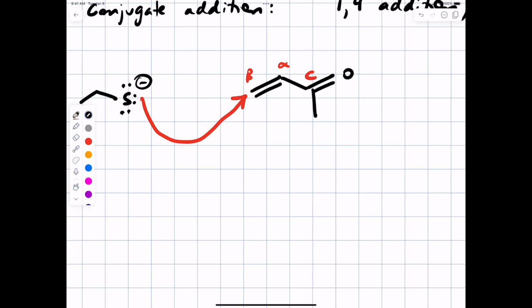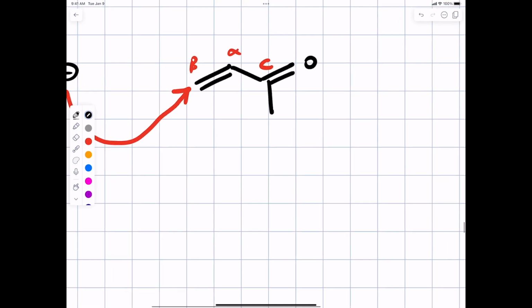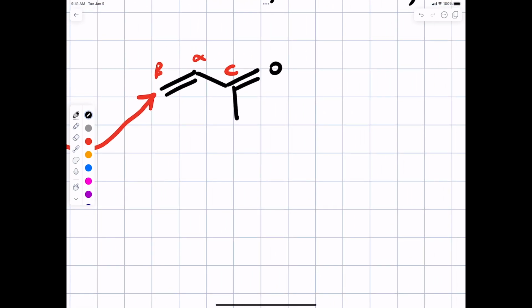What would you say the HOMO of this molecule is? Split between the alpha and the C, or the carbonyl, like an orbital on. Okay, you are right that there is a delocalized filled pi system involving orbital density on each of these atoms, but that's not the HOMO.